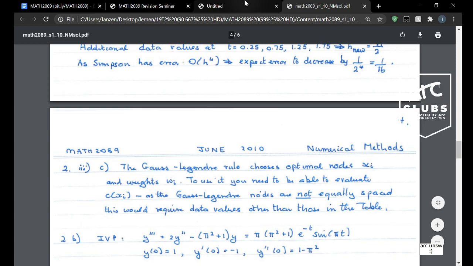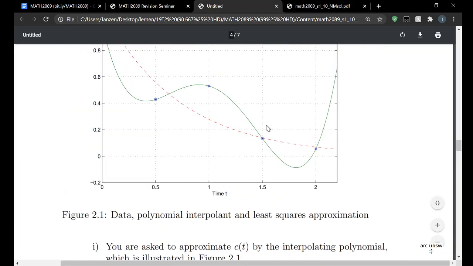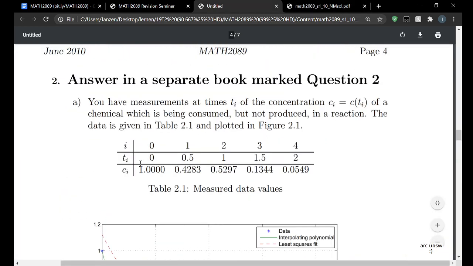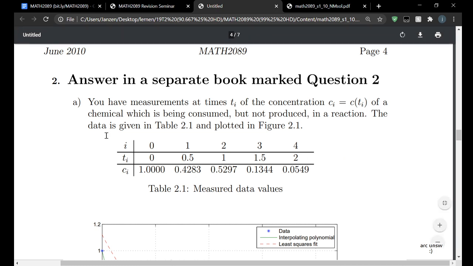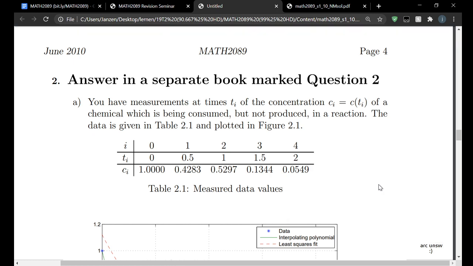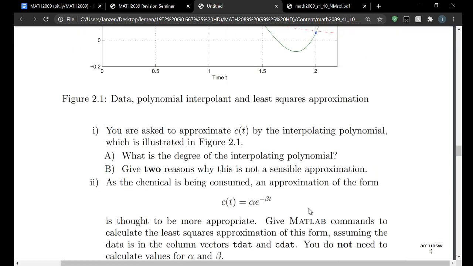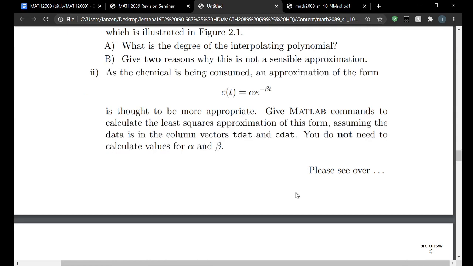Because they only give us these data points, we don't know the values of the concentration function between these times. So we can't choose any other points to approximate the integral with. That's why Gauss-Legendre's rule just won't work.